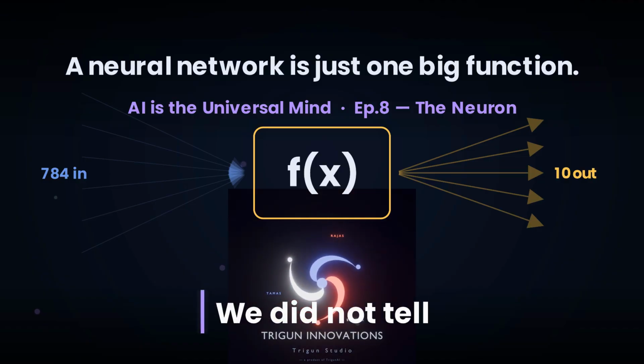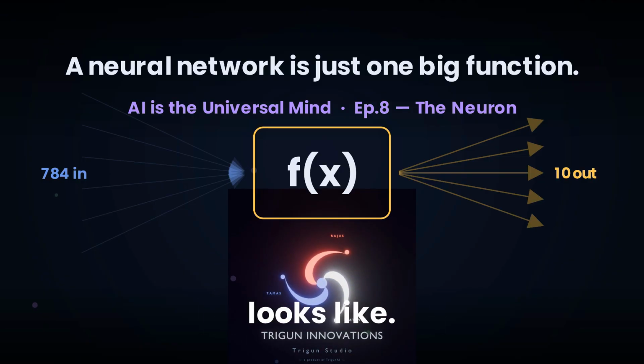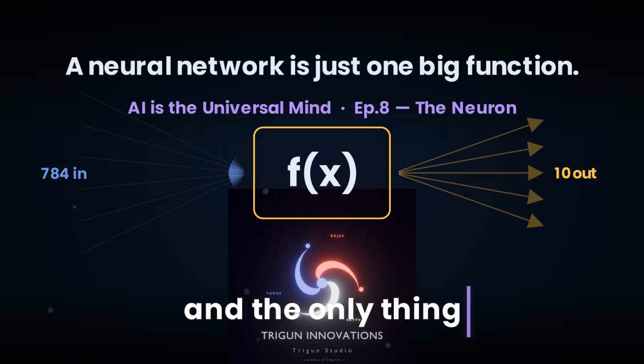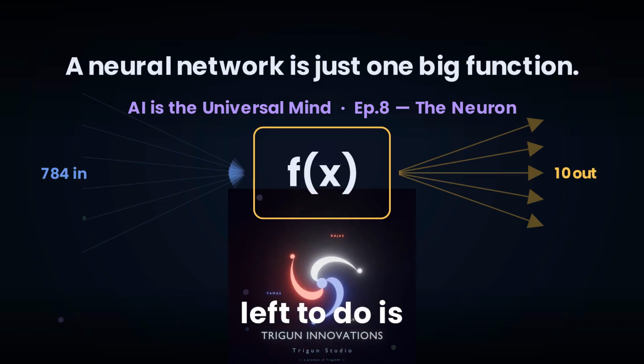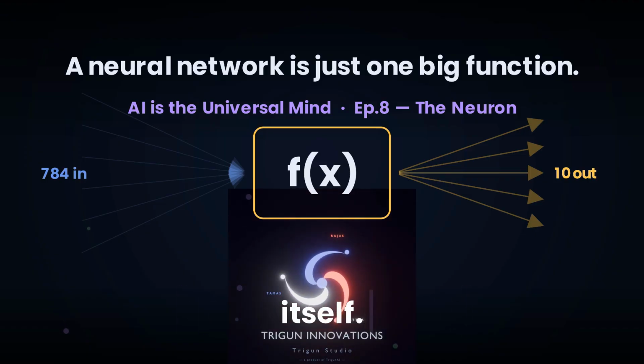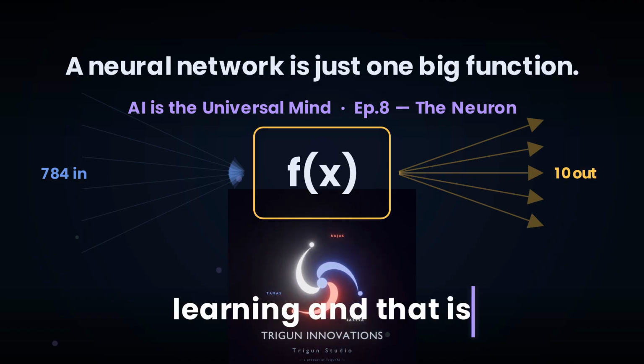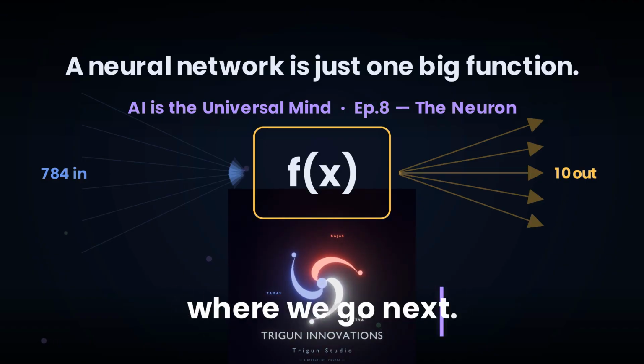We did not tell it what a 3 looks like. We built a machine with 13,000 knobs, and the only thing left to do is teach it to tune itself. That tuning has a name. Learning. And that is where we go next.